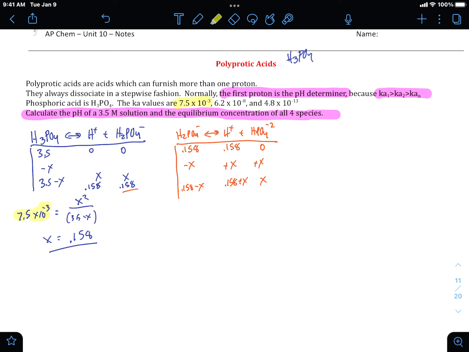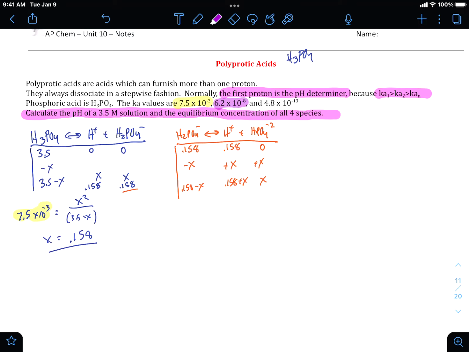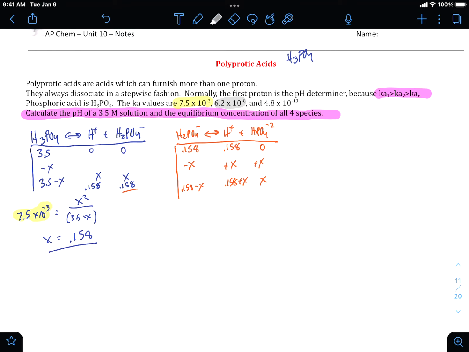Now we are using the secondary Ka. We're using this one. So 6.2 times 10 to the minus 8th is equal to all of this.